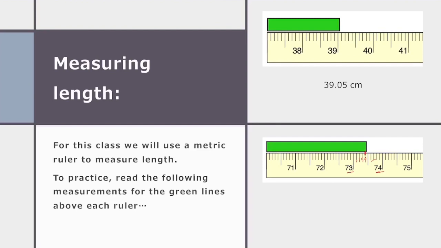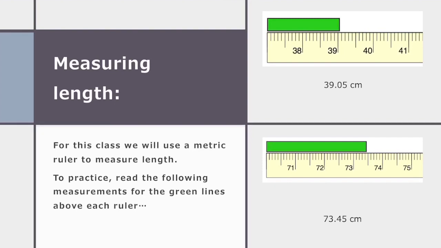And it looks like it extends just a tiny bit past 73.4, but it doesn't quite go all the way to 73.5. So it's between 73.4 and 73.5, so I'm going to put a 5. 73.45 centimeters is my estimate for that.